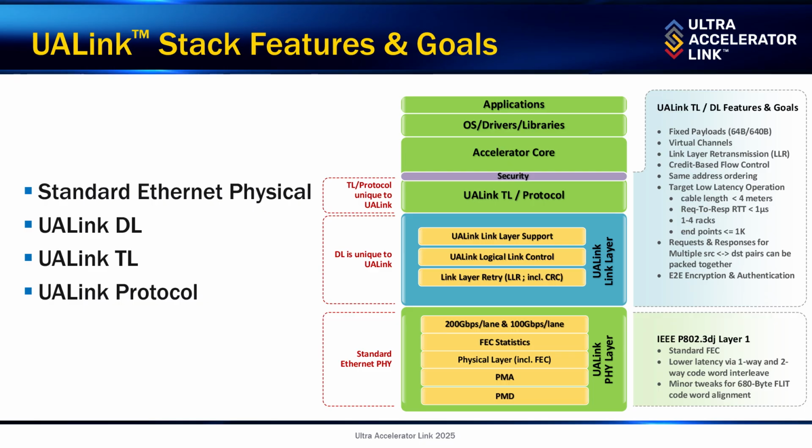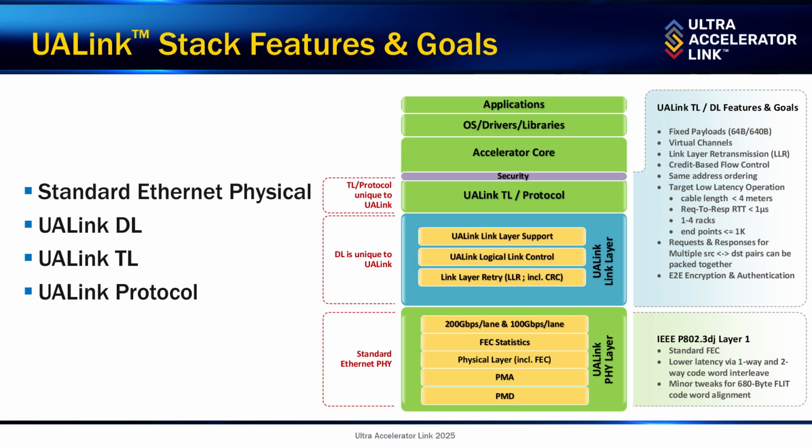So now that's the data link layer. If we move up to the transaction layer, it takes commands from the protocol layer. The protocol layer is a very flat interface with several channels we'll see in a minute. The transaction layer takes those and packs them into 64 byte flits, both data and header flits.